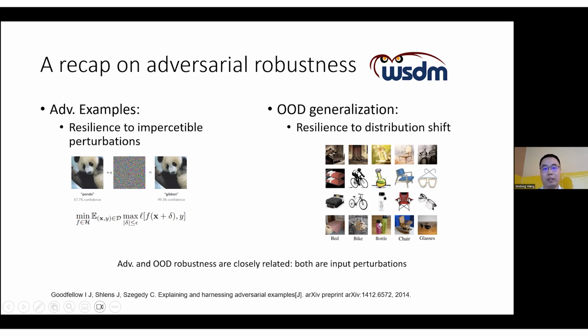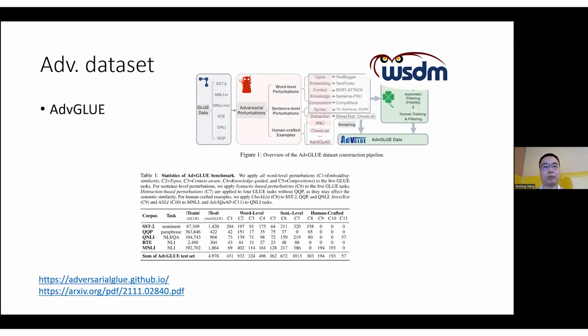By using this viewpoint, you can see that adversarial examples are actually closely connected to out-of-distribution generalization. That's why we use both of these robustness measures to help us analyze in our experiments, because both are input perturbations, right? So that's the motivation for using adversarial examples.